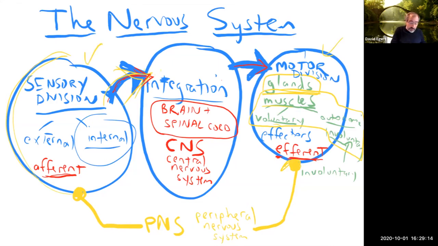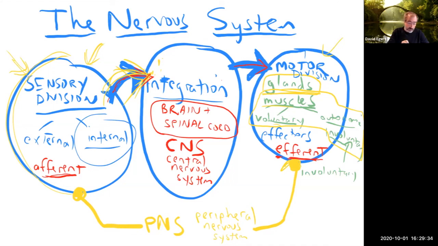So we're going to spend a lot of time looking at how you convert sugar in your mouth to an electrical signal so your brain knows that you're experiencing sweetness. Or how you convert light landing on your retina to some electrical signal so your brain knows that there's an image in front of your face.